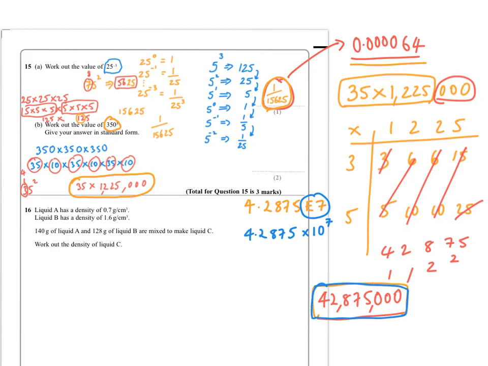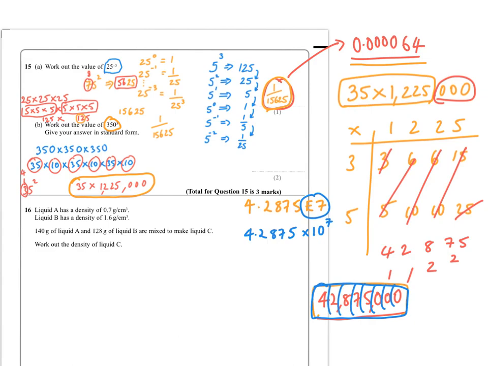So all standard form is saying is how many powers of 10 are there in the number you've got. And in this case, you can see there's 1 power, 2, 3, 4, 5, 6, 7 powers of 10.